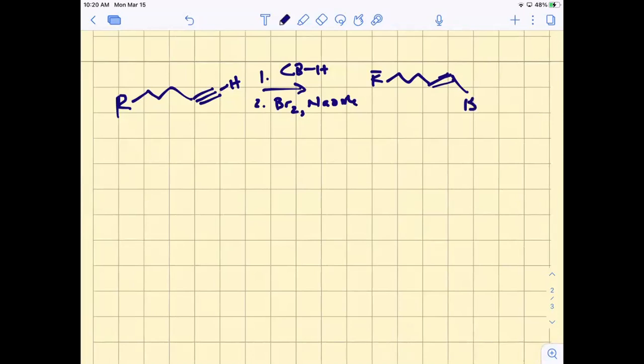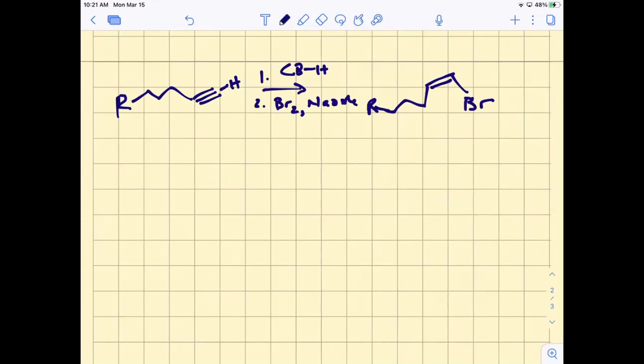All right, so you get a cis vinyl halide as the product, and again, it's important to be able to control the stereochemistry. Whether you get a cis vinyl halide or a trans vinyl halide, it's important to be able to control that stereochemistry, right?